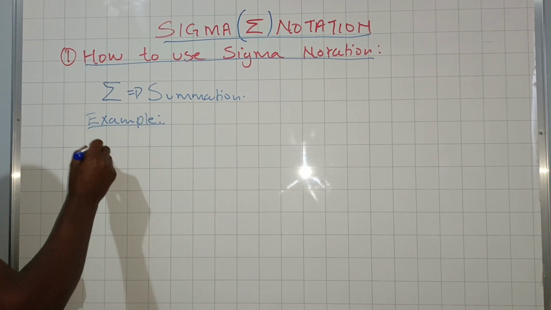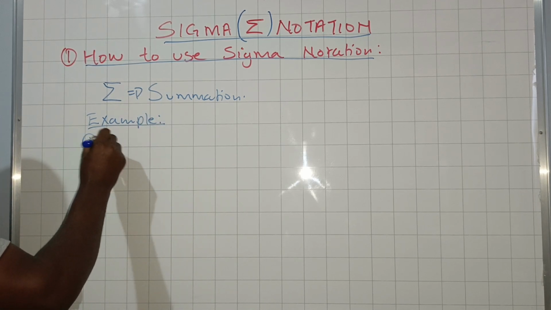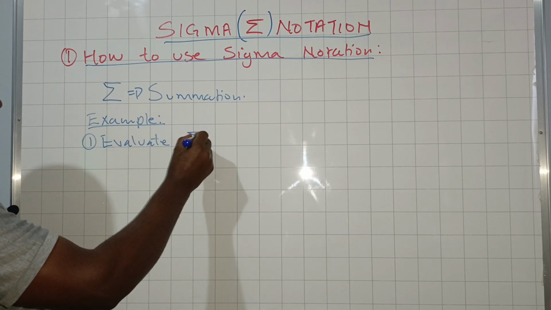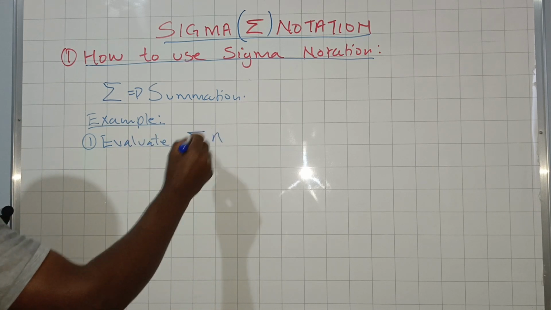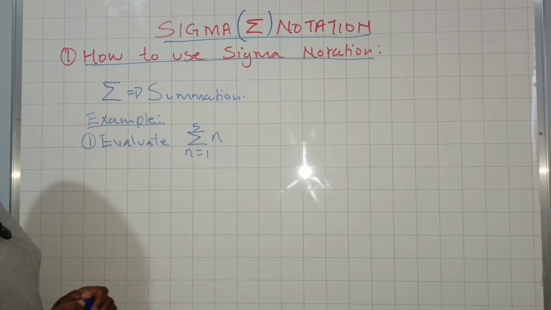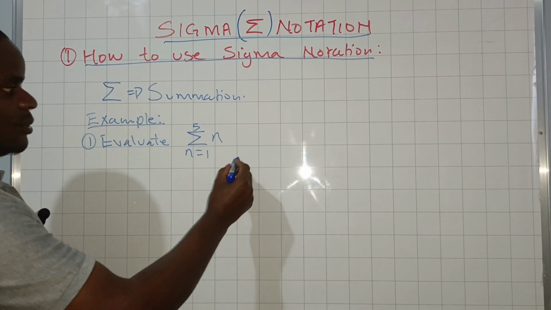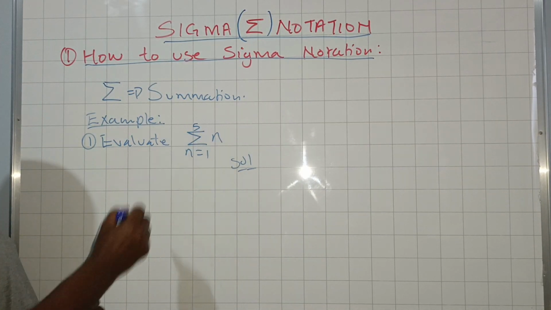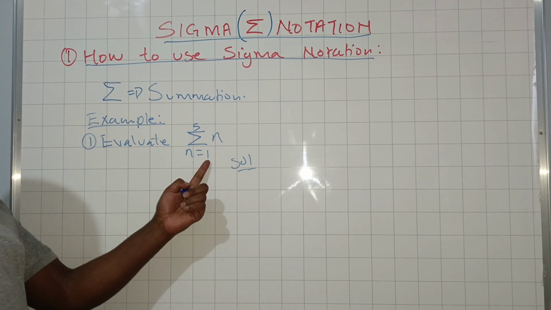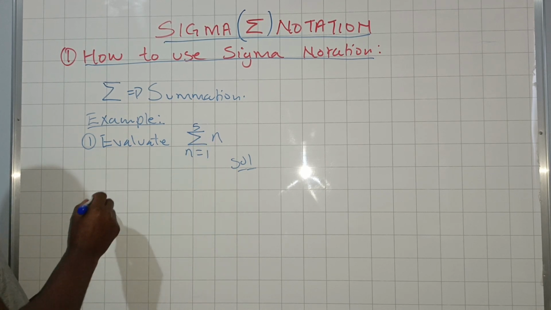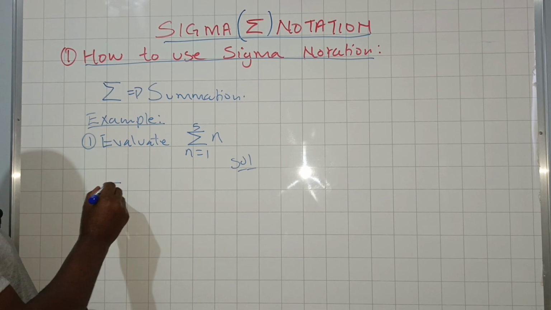If, for example, you are given, evaluate sigma n from n equals 1, maybe say to 5, what are you supposed to do? Let's see. So you are going to substitute this n with the values 1, 2, 3, 4, up to 5, as you can see here.